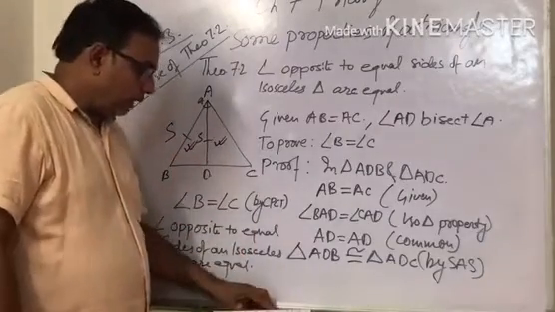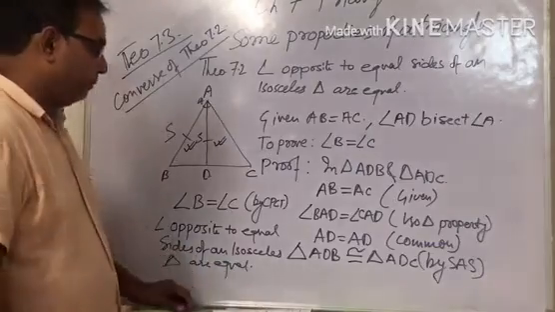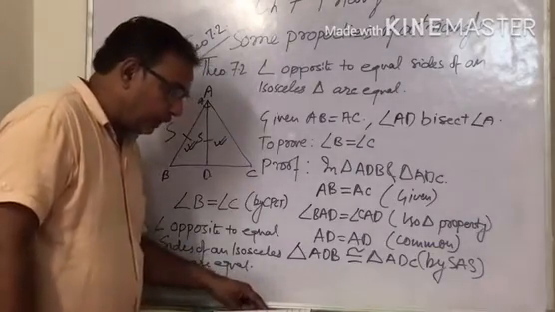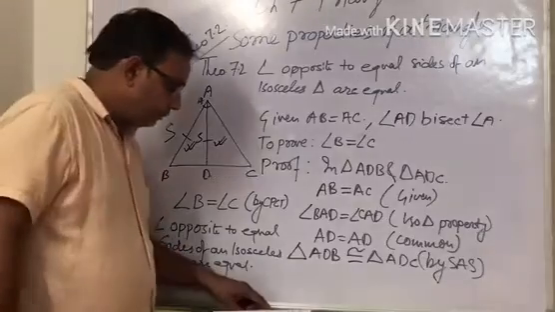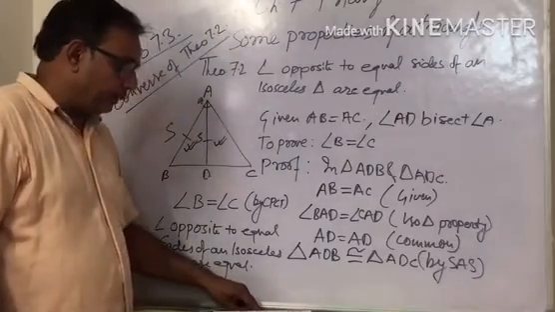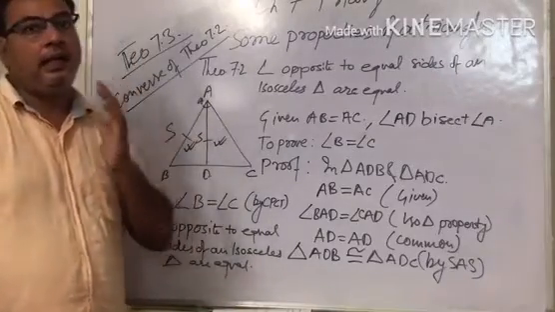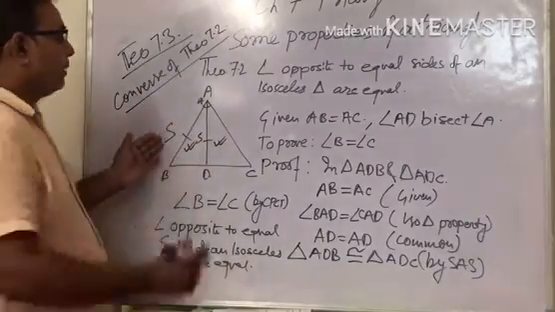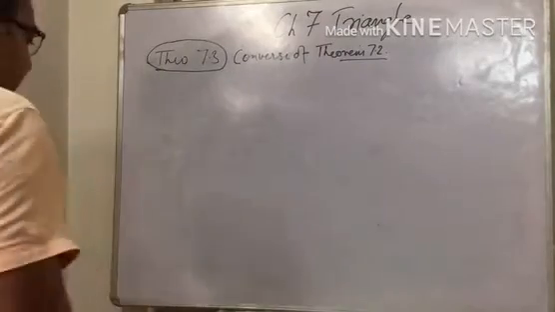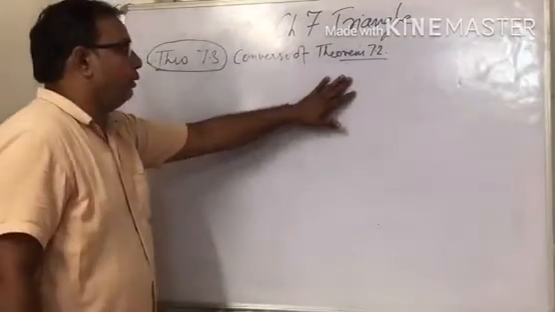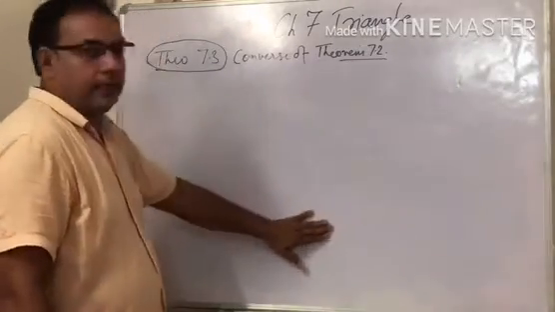The sides opposite to equal angles of a triangle are equal. This is the converse of theorem 7.2, and we can prove this by ASA. If you have any confusion in the converse of theorem 7.2, that is theorem 7.3, we will discuss it within a class.